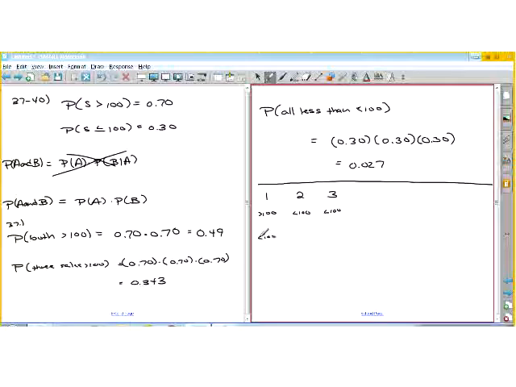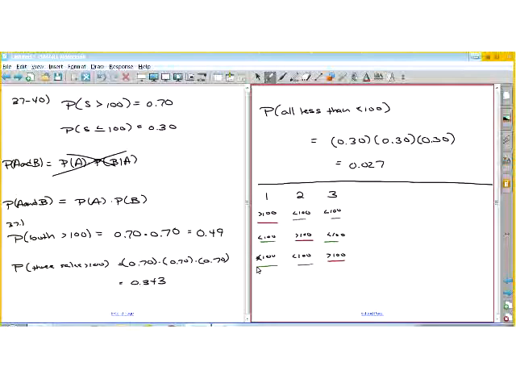I could either have the 1 in the first position, I could have it in the second position, or I could put it in the third position. So you can see each one of these are greater than 100, and the other ones are less than 100.